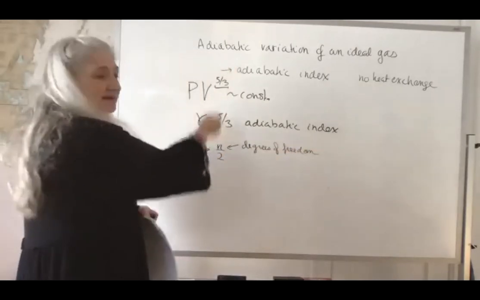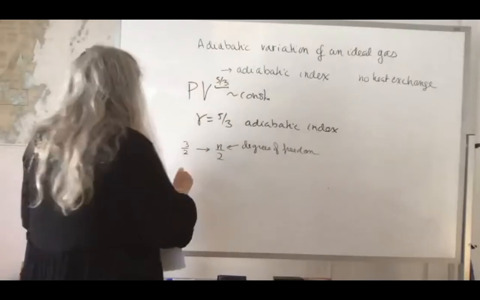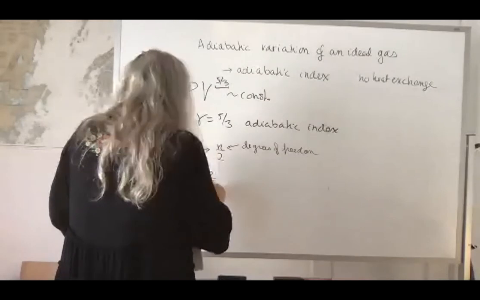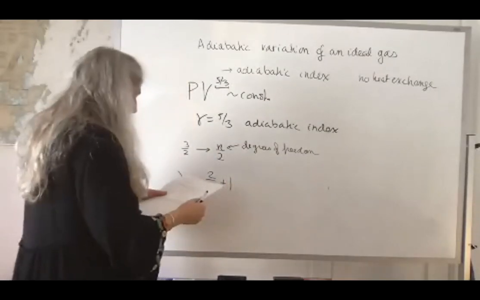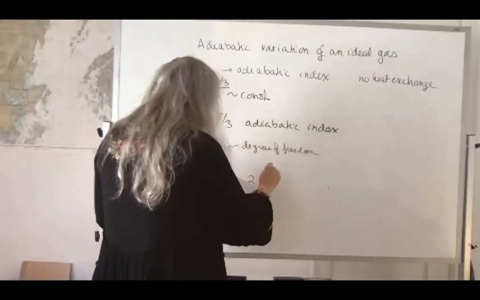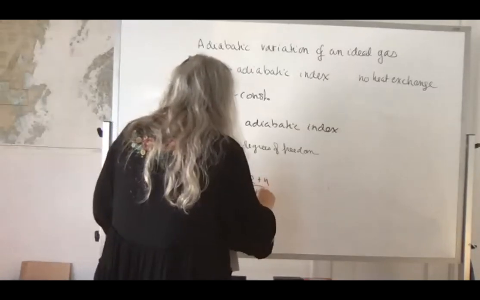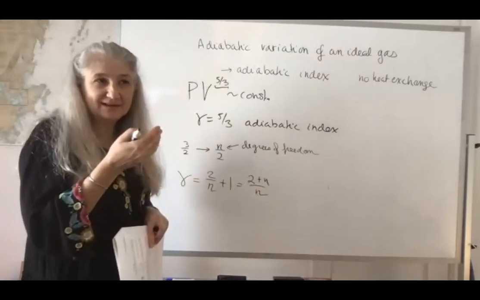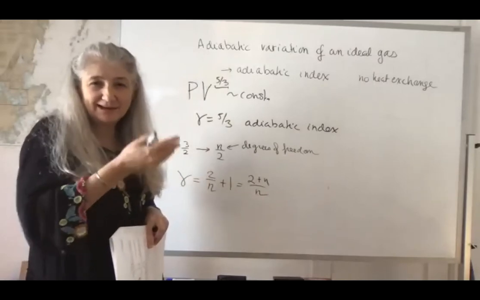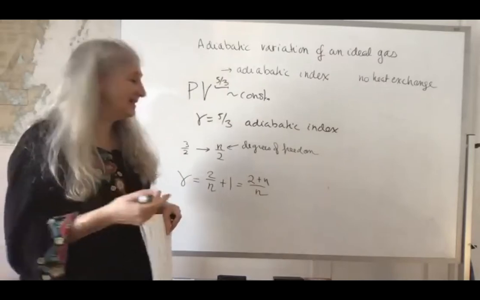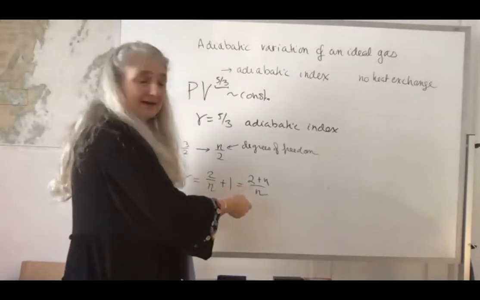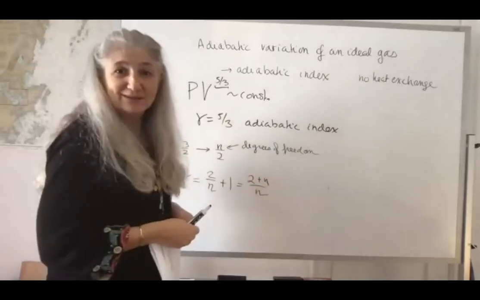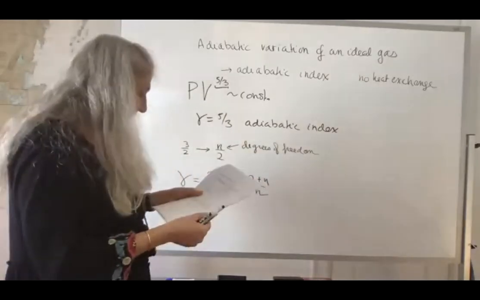So if I redo that same calculation, then the adiabatic index, instead of 5/3, is 2 over N plus 1. And you can rewrite that as (2 plus N) over N. And so for a molecule, you get 7/5 or 9/7, depending upon how many degrees of freedom. So for a diatomic gas, instead of 5/3, you'll get something slightly different for the adiabatic index.